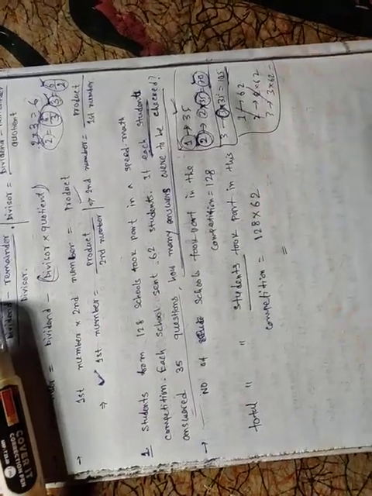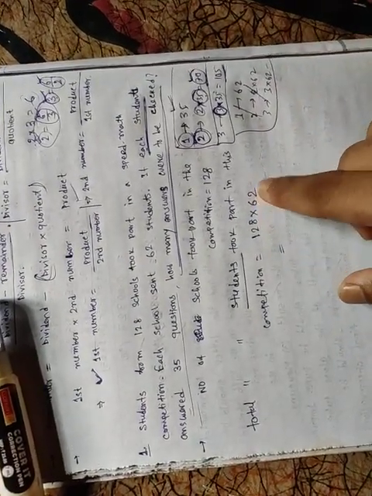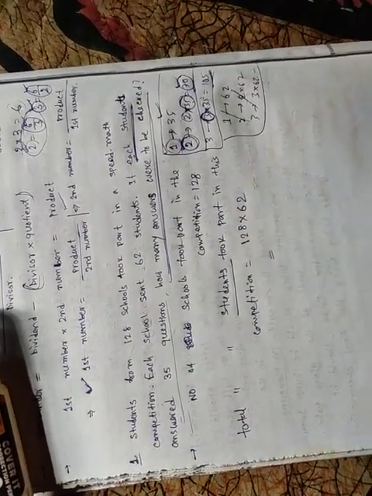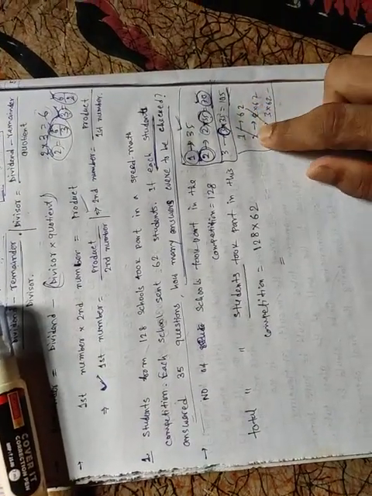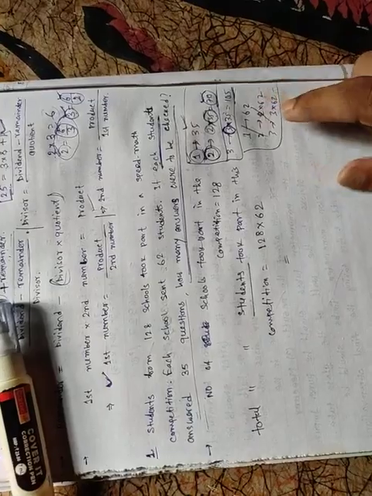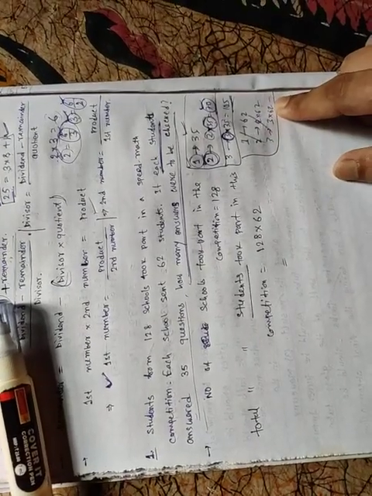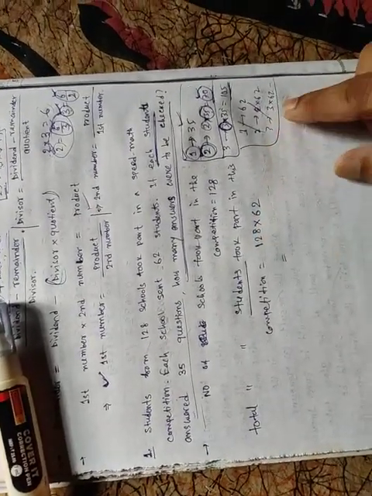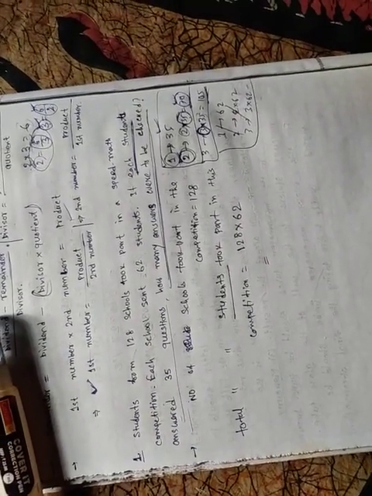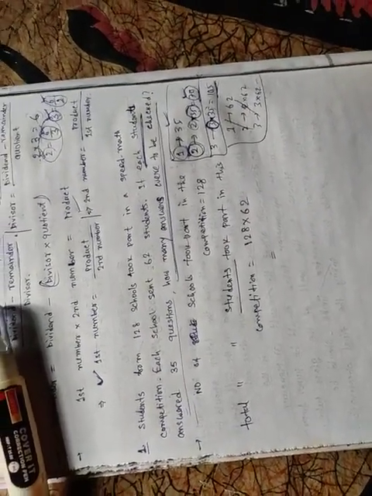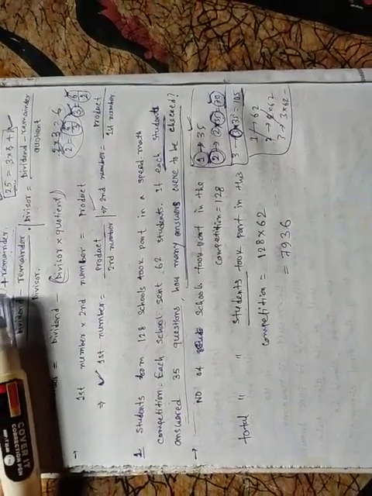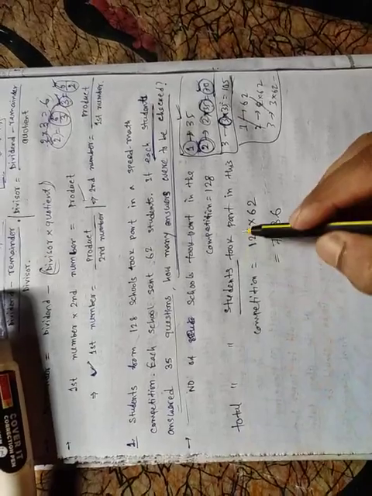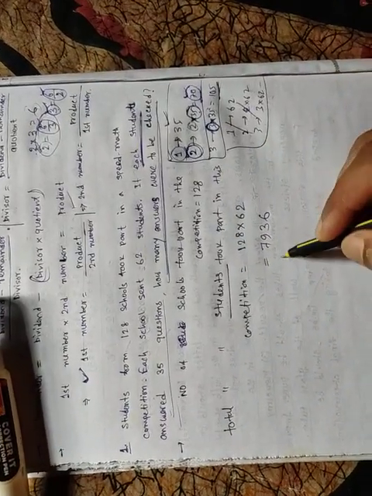That means the total number of students is 128 into 62, because one school has 62 students, two schools 2 into 62 students, three schools 3 into 62 students, 128 schools 128 into 62 students. Clear? So if I multiply, I will get 7936.